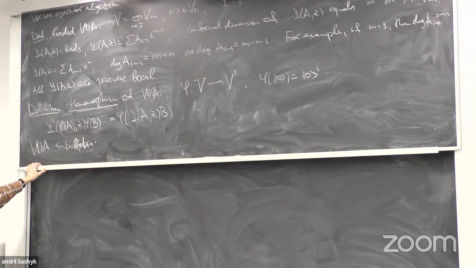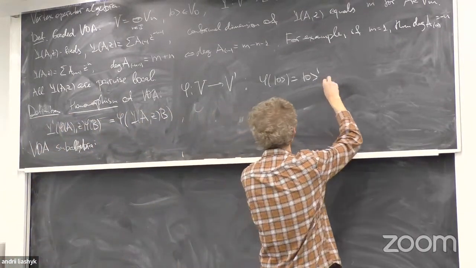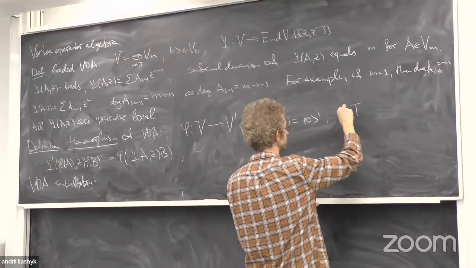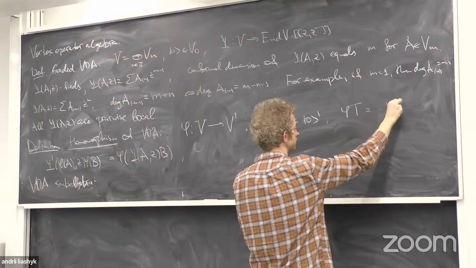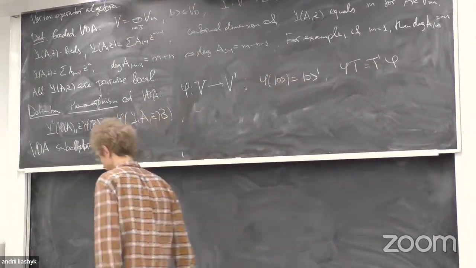The condition for T, I think it should follow maybe, but anyway, you're right. So let's say that we apply T and then phi, the same as phi and then T'.